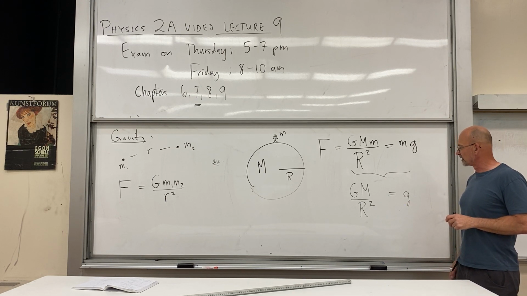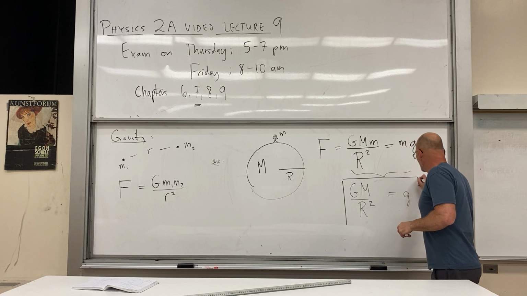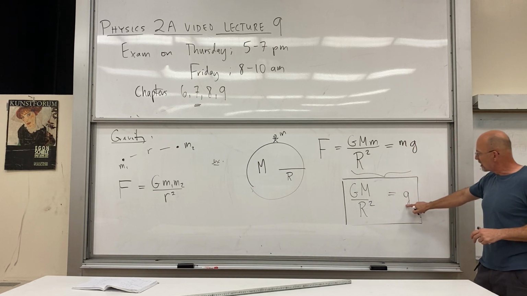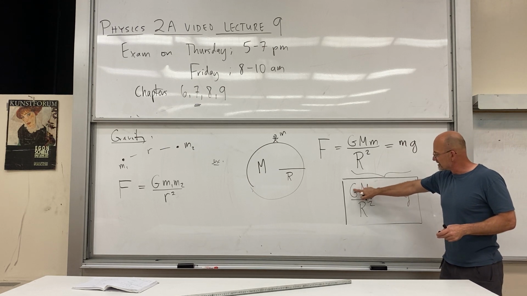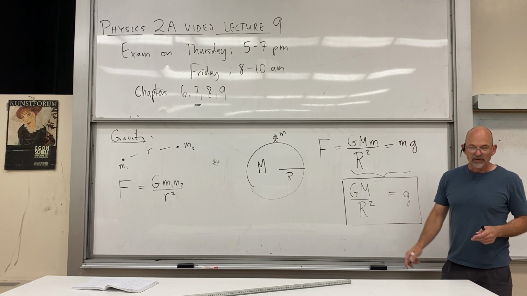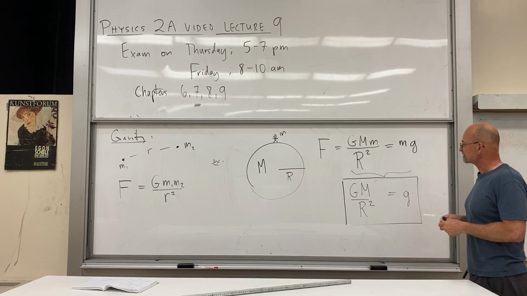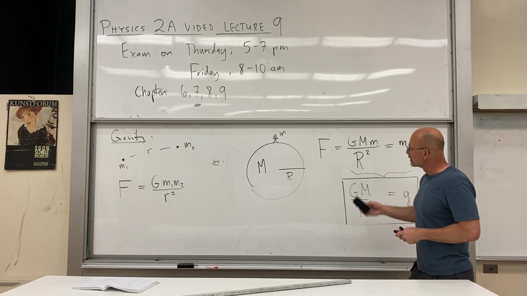I can do that with certain orbital type of problems, and this is a very nice basic identity for our Earth. This is just free fall acceleration as we learned a long time ago, and this is Newton's gravitational constant, the mass of Earth, radius of Earth squared. Okay, next I want to talk about circular orbits.